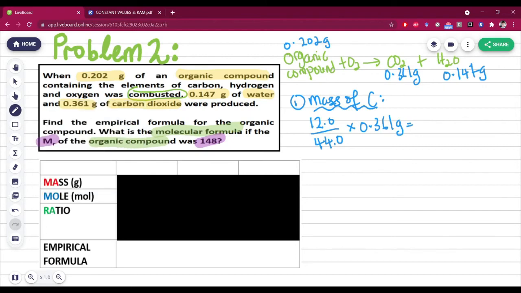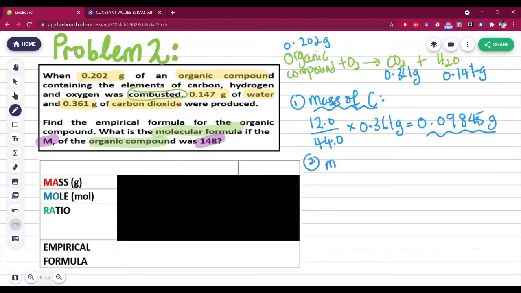And this will give you 12 over 44 times 0.361, we get 0.09845 grams. So that is the mass for carbon.